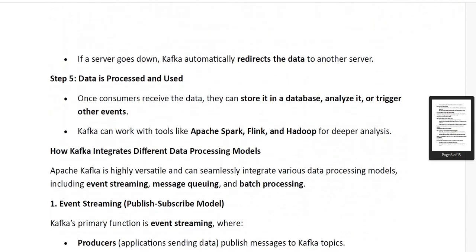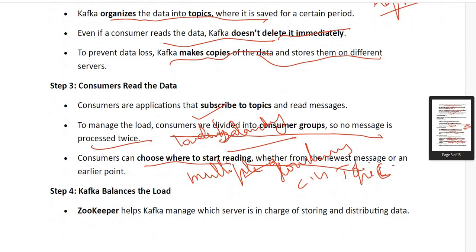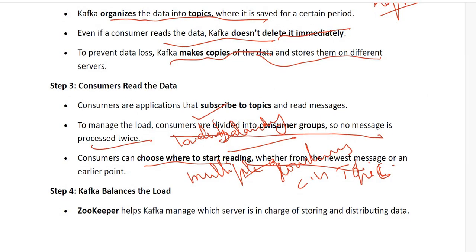The third one is Zookeeper. Who balances the load? Who is the supermaster? Who is responsible for metadata, distributivity and fault tolerance, and all these things? It is nothing but your Zookeeper. Zookeeper helps Kafka manage which server is in charge of storing and distributing the data.